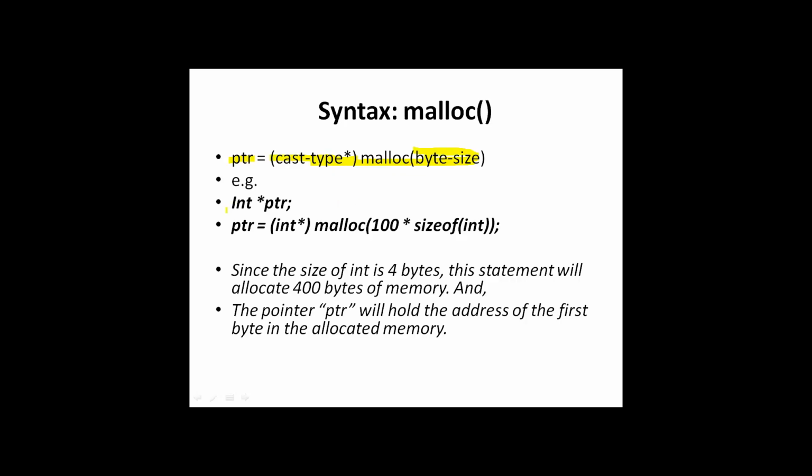For example, int star ptr: we have declared a pointer to point to integer-type memory, and ptr is assigned a value by malloc. We have cast it to int star because we want an integer block of memory. Let's say we want to reserve 100 elements, so 100 multiplied by sizeof int, right?